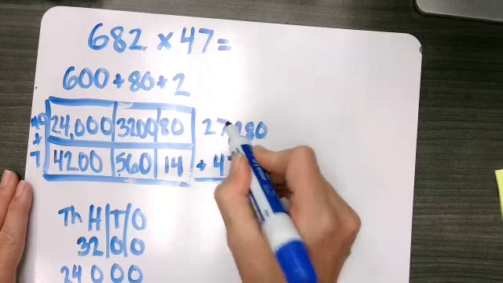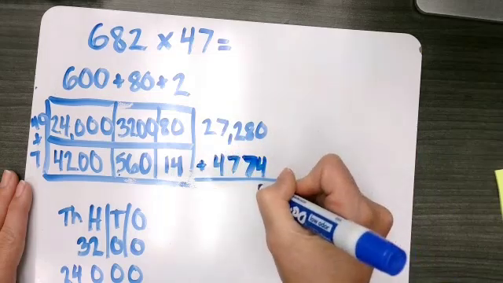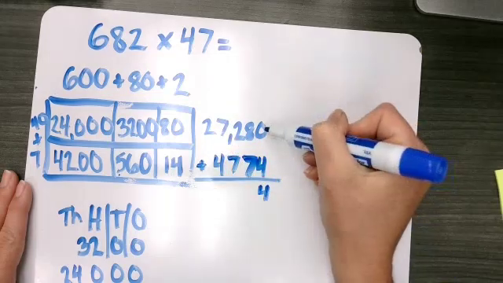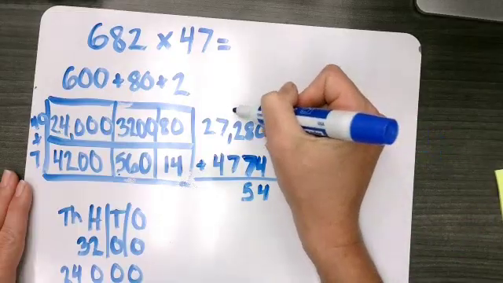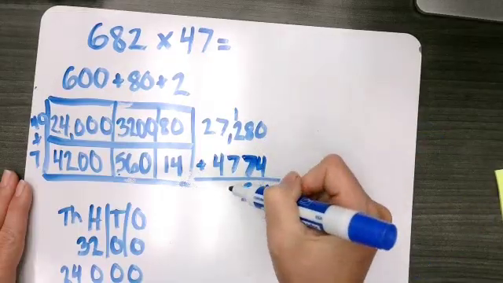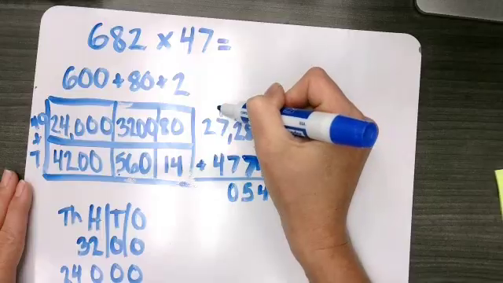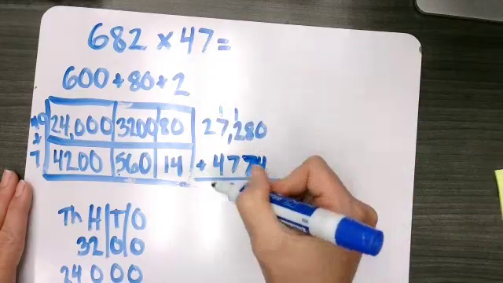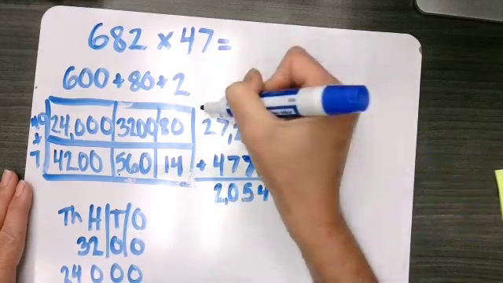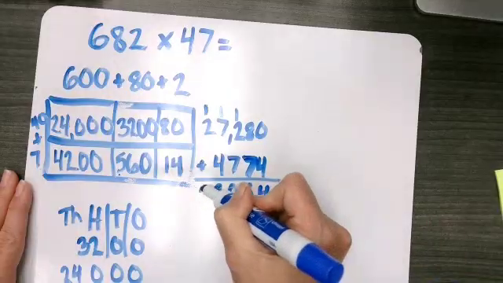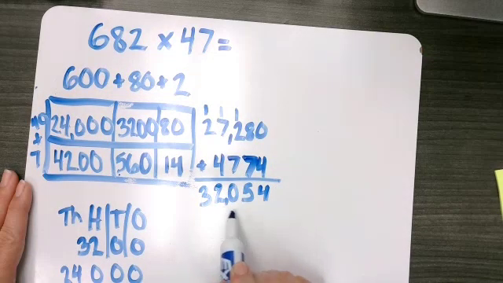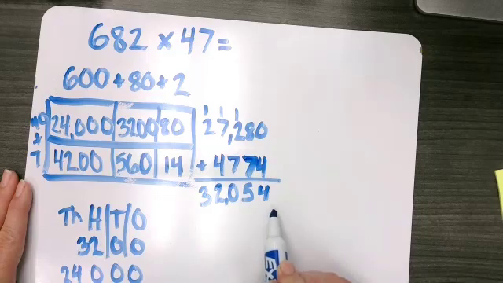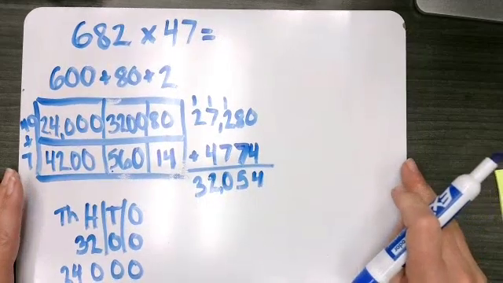Now that we have these partial products, we'll also add them up. 4, this is 15, we'll regroup. Now we have 10 and have to regroup again. 12 to regroup with a total of 32,054.